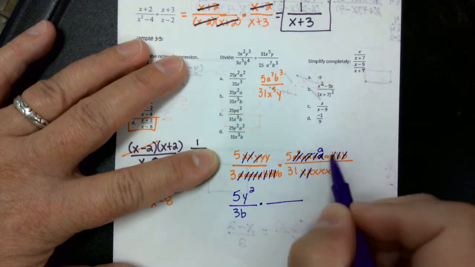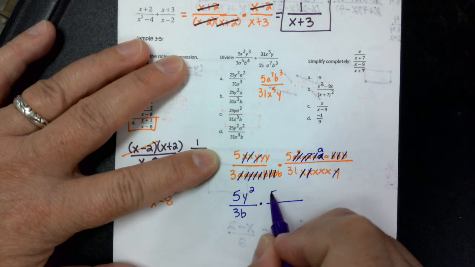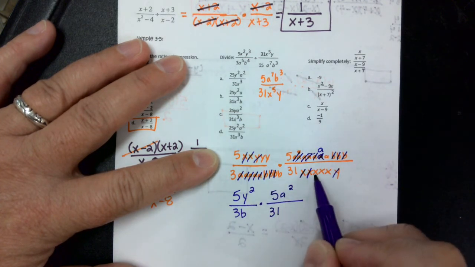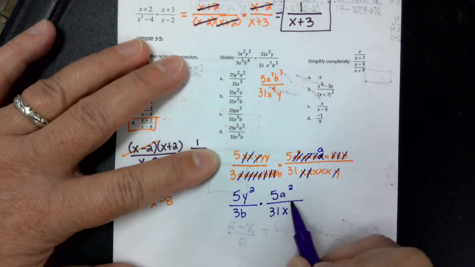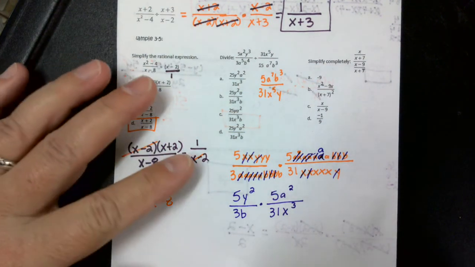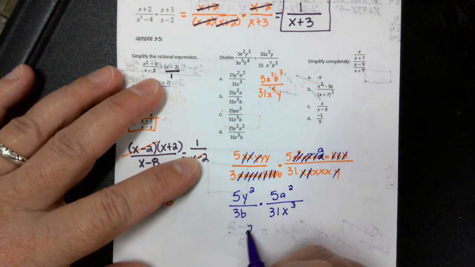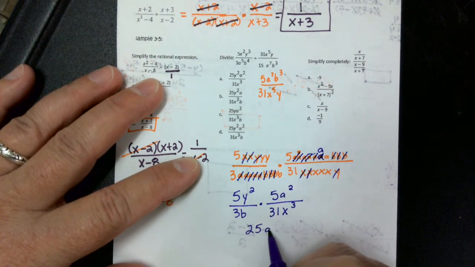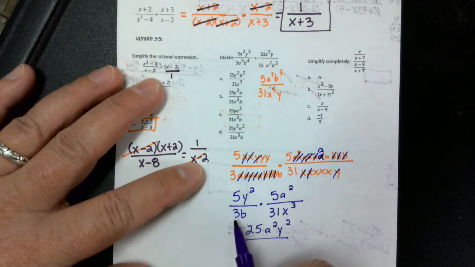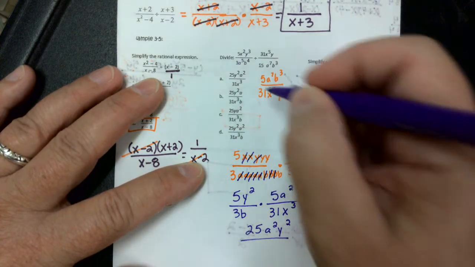Here I have 5a squared. 31, 1, 2, 3, x to the 3rd. All right, so 5 times 5 is 25, a squared y squared divided by 3 times, oh, that's what I did.